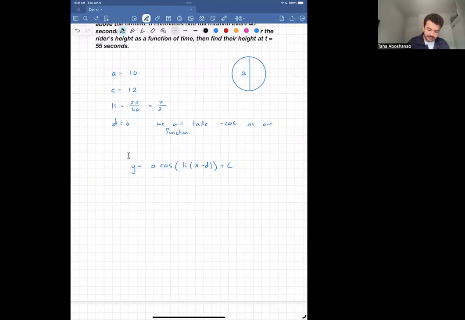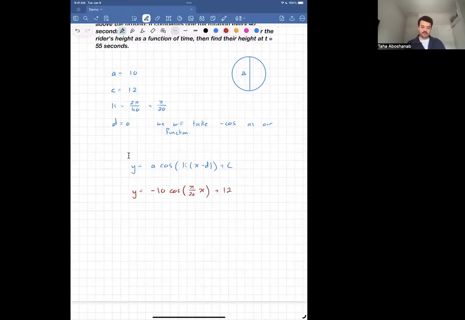Let me write it down. y equals -10 cos. The k we found was pi over 20. Sorry, I had a little typo there. So we have cos of pi over 20 times (x minus the d, which is 0, so it's just x), and then plus c, which is plus 12.